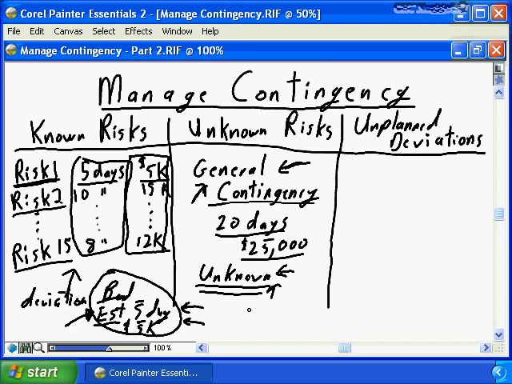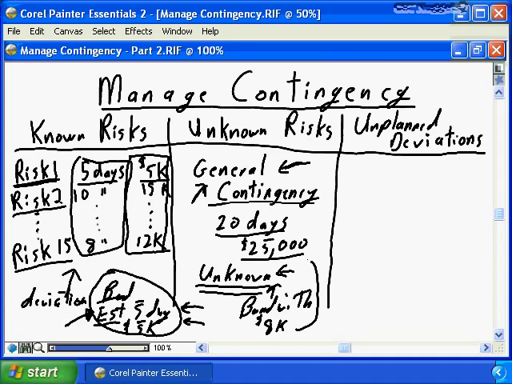So let's assume that you have an unknown risk event called bandwidth. You simply have to buy more capacity for your network, and that extra network capacity is going to cost you $8,000. That would be an unknown risk event, and that $8,000 would be applied against your general contingency, and the general contingency would then be reduced to $17,000.